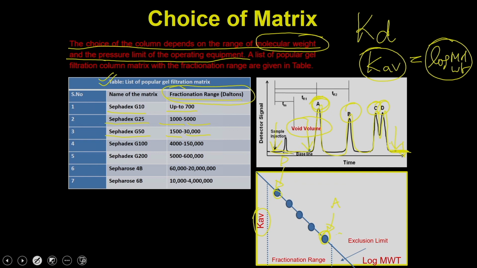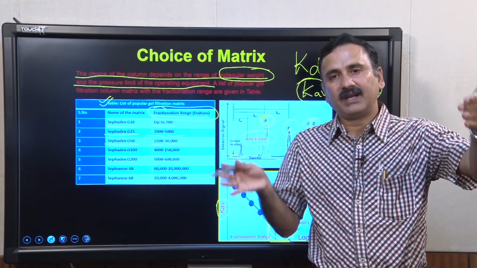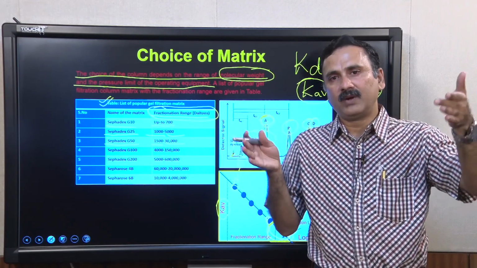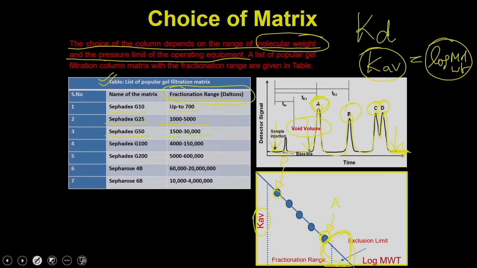That is why the region at or very close to the void volume is called the exclusion limit. Any protein bigger than this falls within the exclusion limit, and that is how it decides what range of proteins you can fractionate. So, in this case you can fractionate from A to D.